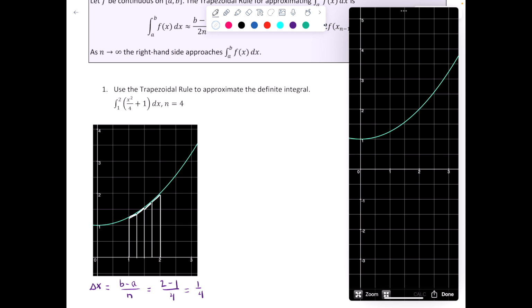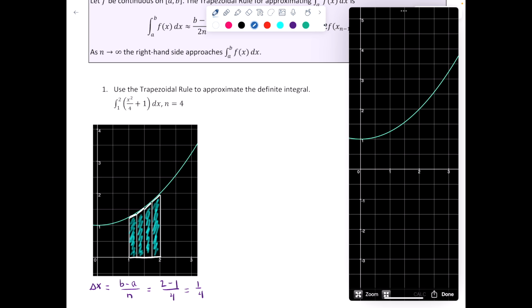Cool, cool. And so we're approximating our region using these trapezoids here. Cool so far? All right, excellent. It's always nice to have a visual. It's easier to visualize with the trapezoidal rule than Simpson's rule, so we're not going to go as much into depth with Simpson's rule.